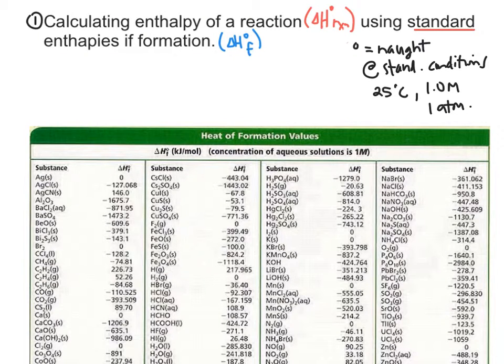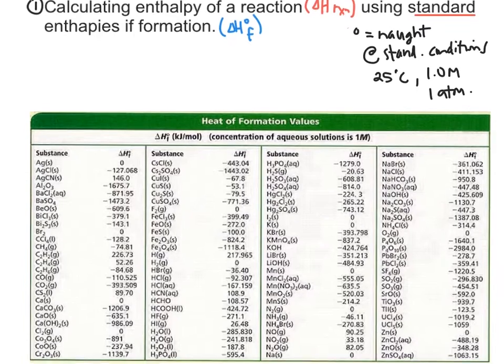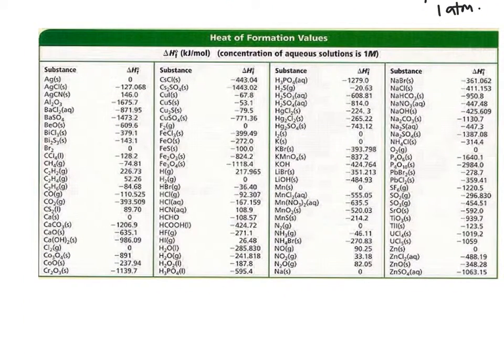All right, so to do this, you're going to need a table with standard enthalpies of formation for a whole bunch of different compounds. And what these are is the heat content involved in the assembly or the making of these different compounds from their elements.